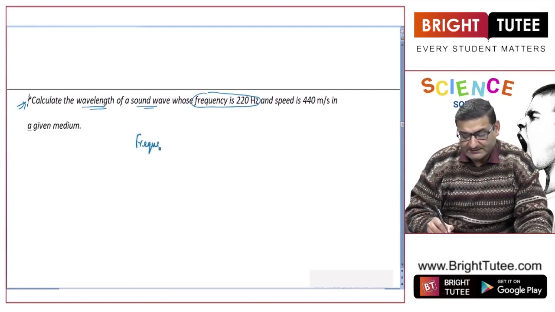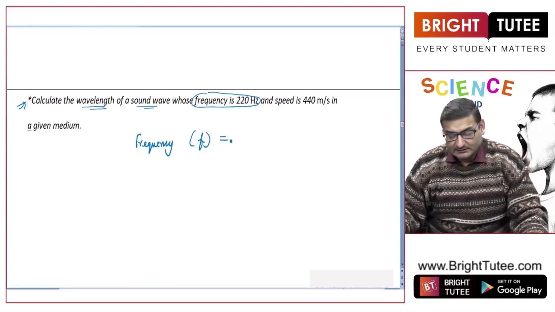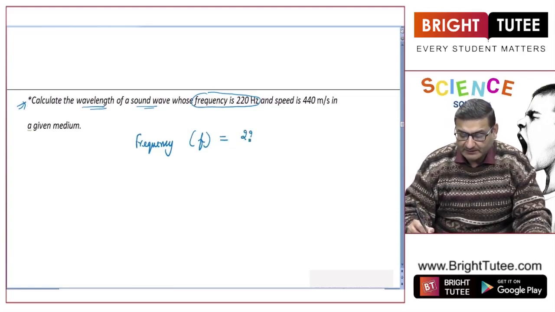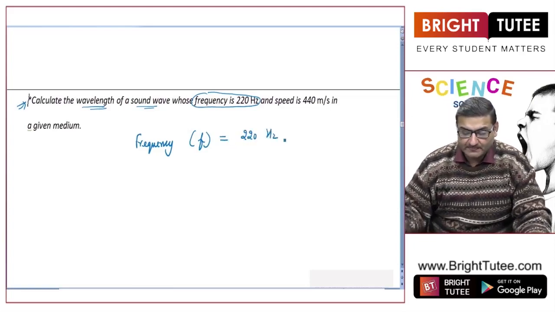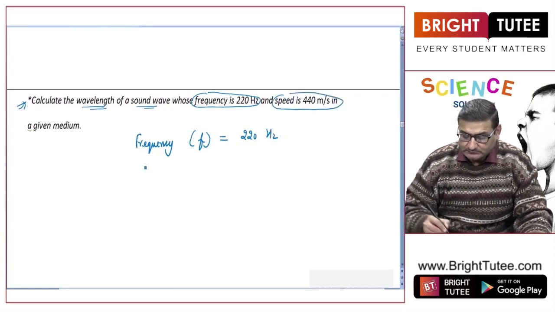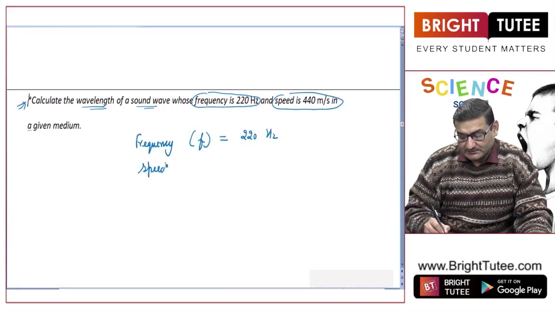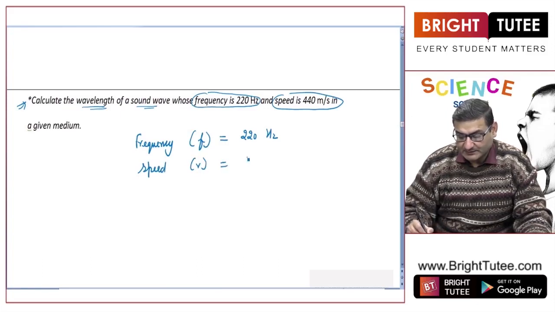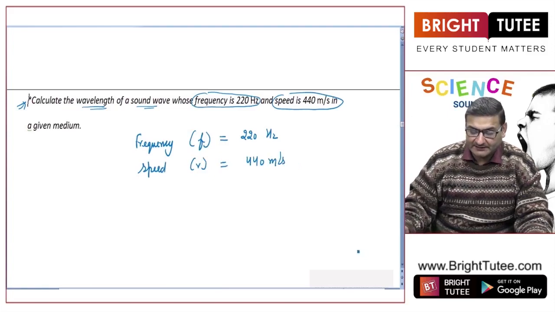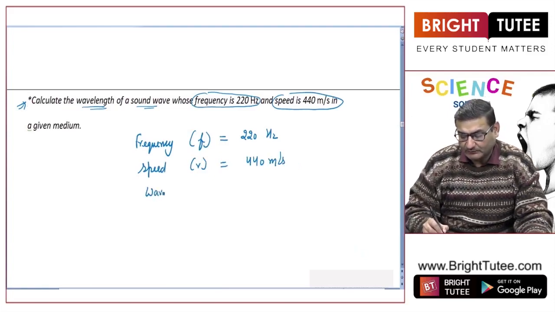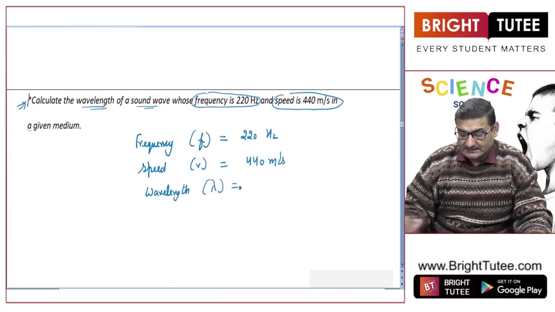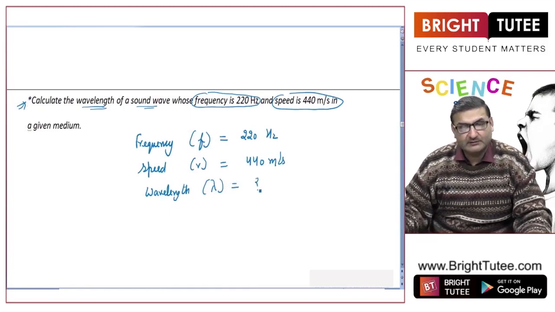The frequency, taken as small f, is given to us as 220 Hertz, and the speed is also given, which is equal to 440 meter per second in a given medium. We have to find the wavelength, which is represented by lambda. This is what we need to calculate.